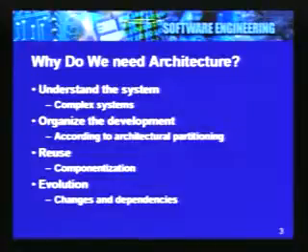that benefits from architecture. The changes and dependencies. In an overall architecture, you capture dependencies at that level, overall dependencies among the modules or the components that get identified in the architecture. So architecture also drives the evolution process.